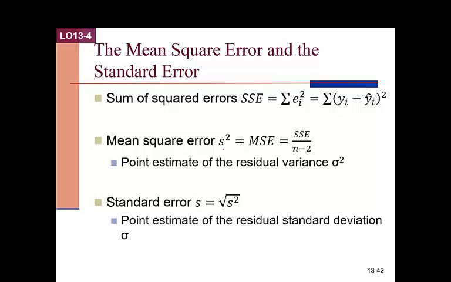And the mean squared error is going to be the estimator for our total variance in the data set. And the standard error S is going to be the square root of your MSE, right? So this, the standard deviation of the data set, if that's what you're told to find, is going to be the square root of the mean squared error. You've seen that before in the ANOVA table.